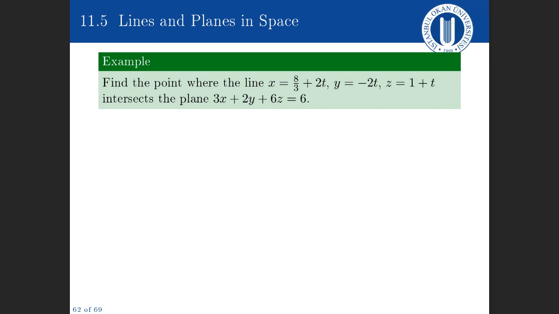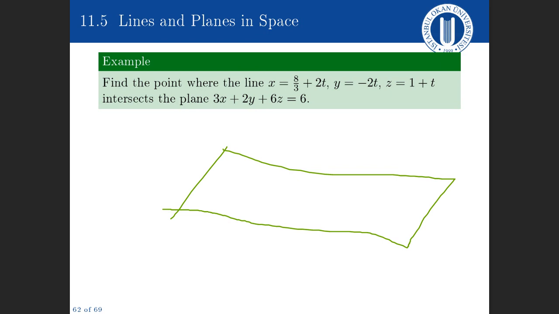Find the point where the line given x is equal to 8 over 3 plus 2t, y is equal to minus 2t, z is equal to 1 plus t, intersects the plane 3x plus 2y plus 6z is equal to 6. So we have some plane, and we have some line which intersects the plane somehow.